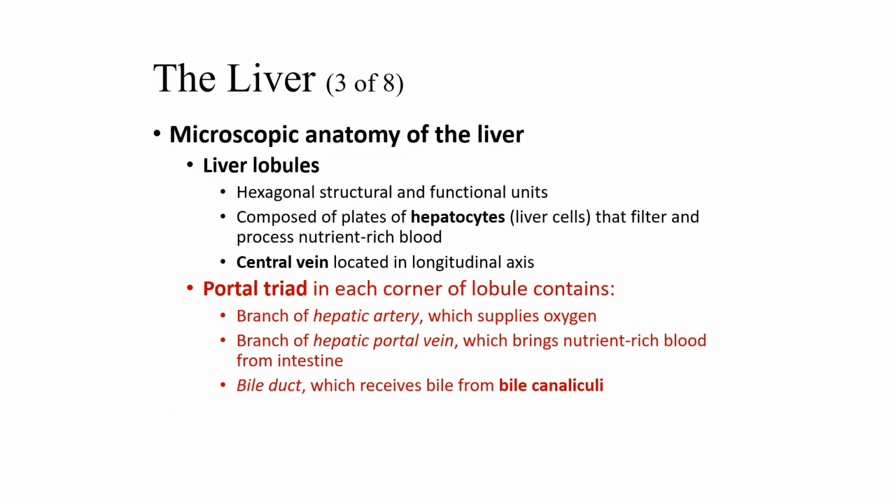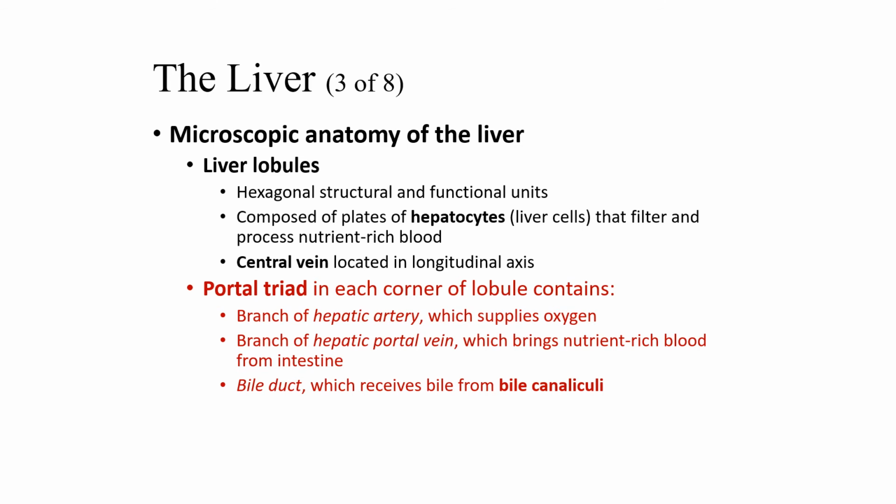Let's look at the microscopic anatomy for review. Remember that the liver cells are called hepatocytes. Hepato means liver, cyte means cell. And that these hepatocytes are responsible for filtering the blood and processing nutrients into polymers.